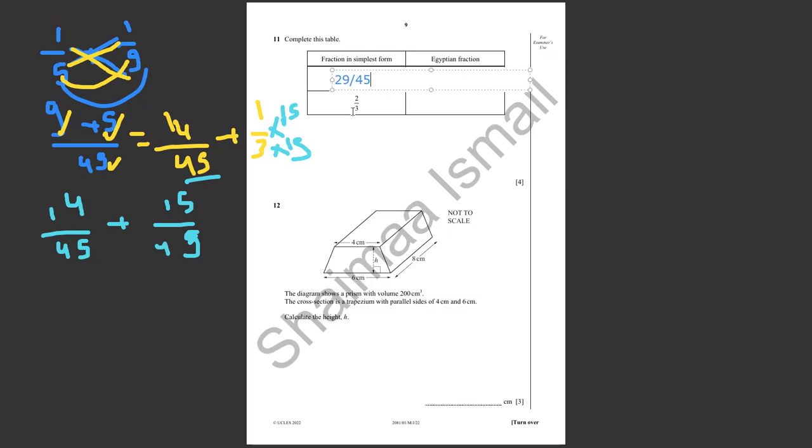Okay, here we're going to change it to an Egyptian fraction. Okay, let's do this. Here is 2 out of 3. Number 11, second part here.